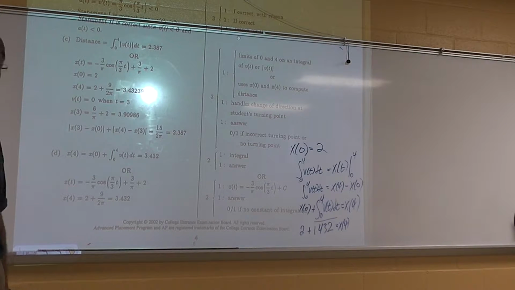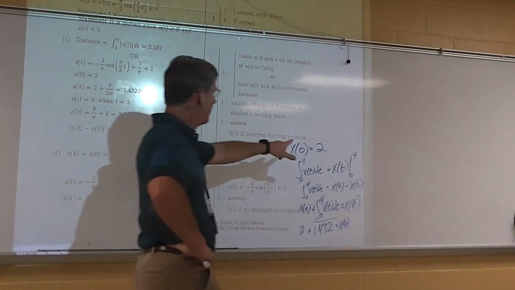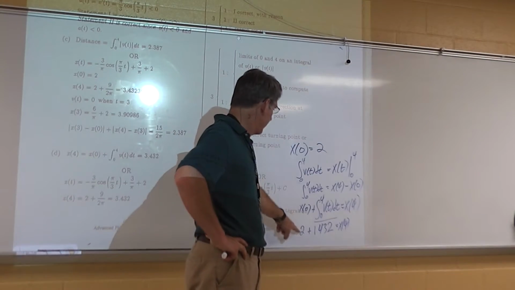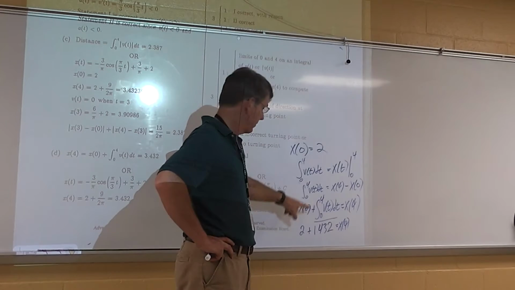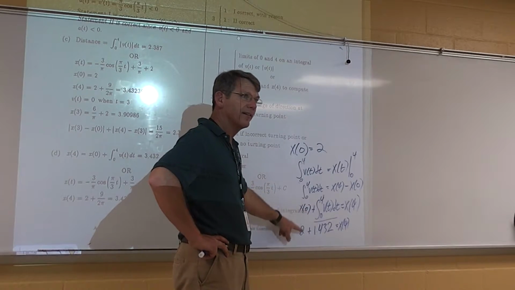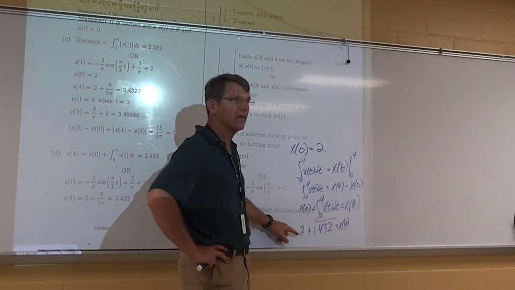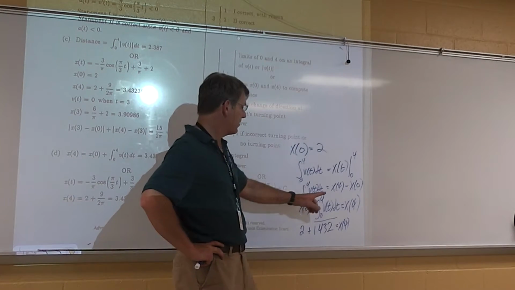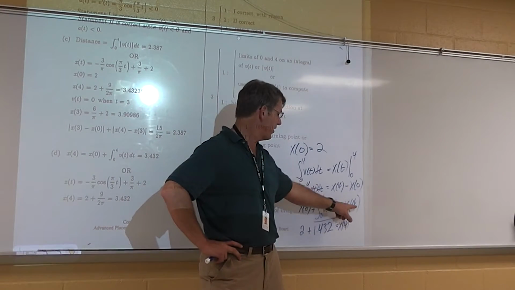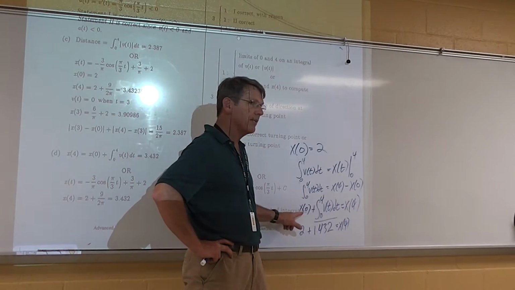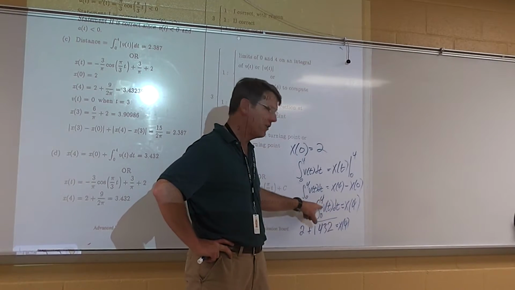Can you tell me again where you got the 2 from? At the bottom, there. Oh, that's my x of 0, and x of 0 is 2. That's my initial position. So the position at the end is going to be the position at the beginning plus the displacement.